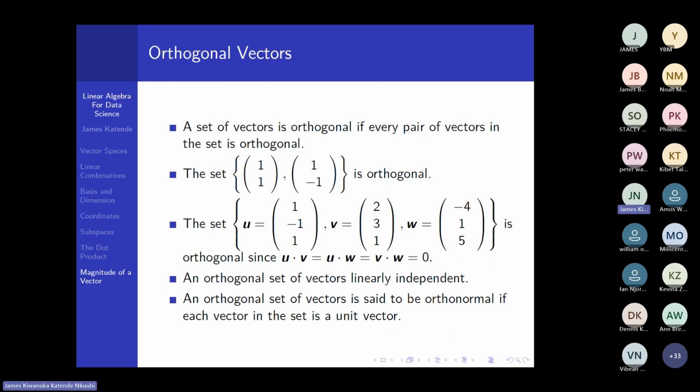Another statement that we will make is that if you have a set of vectors that is orthogonal, then that set is necessarily linearly independent. As long as it's orthogonal, then it must be linearly independent. So that's something you can carry with you. Anytime you encounter an orthogonal set, it's guaranteed to be linearly independent.